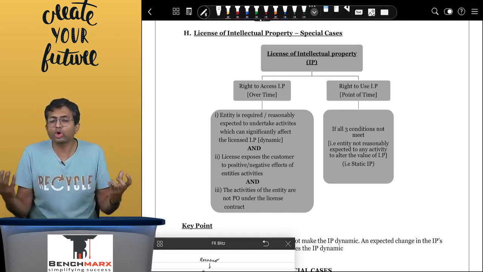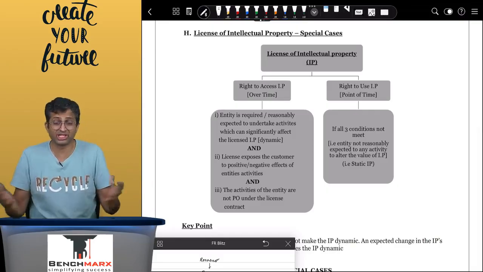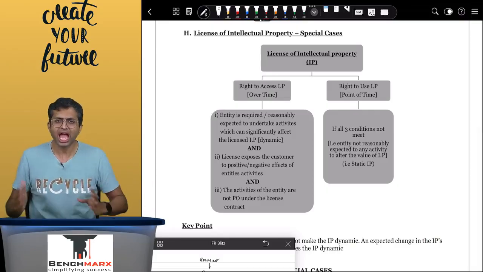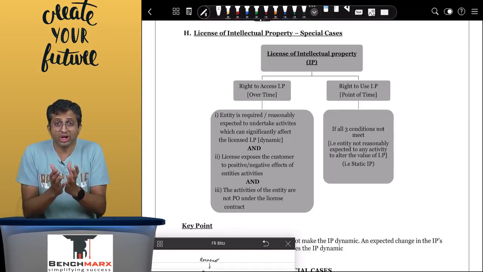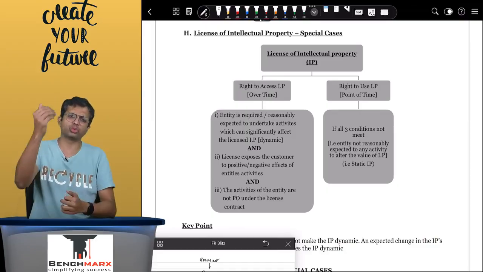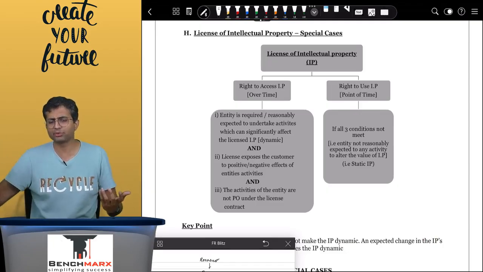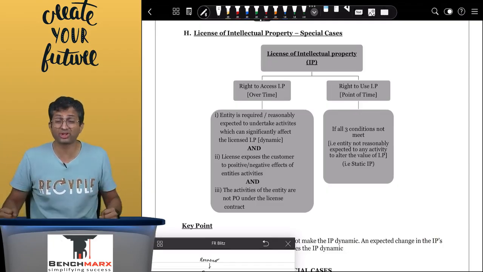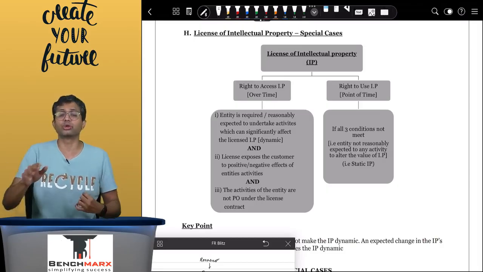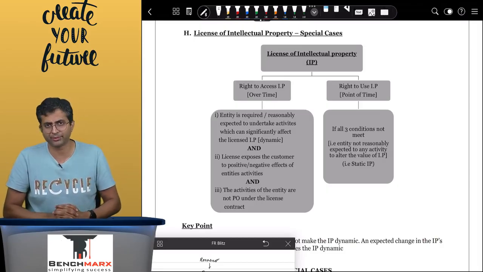Now you are not going to get impacted by any positive or negative changes because Kochi Tuskers is not playing, and as a result you are getting control over the intellectual property from the very first day. You don't have to wait as a buyer over the period of 2 or 3 years because the value of the property is not changing, in which case Kochi Tuskers can recognize revenue directly at a point of time.